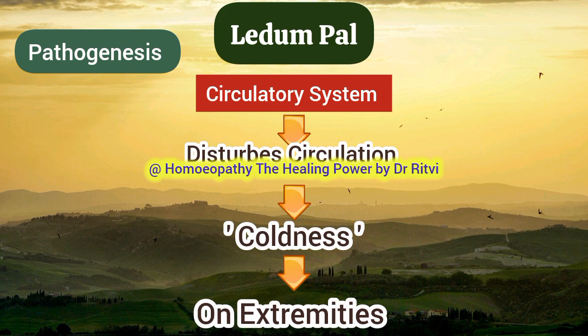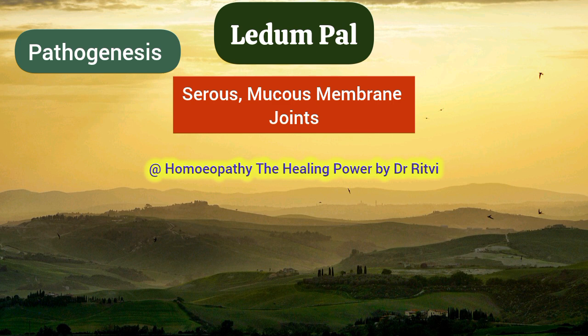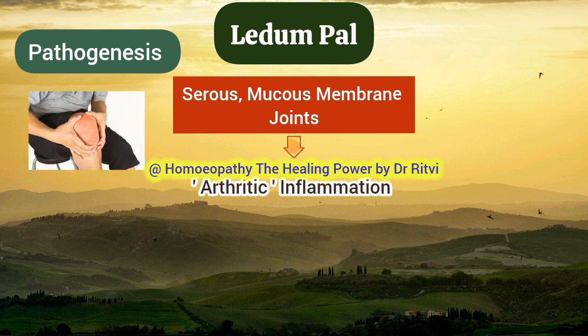By acting on serous, fibrous and mucous tissues and especially on the joints, Ledum pal produces symptoms of inflammation. In these joints, and in the serous, fibrous and mucous membranes, we will see inflammation, and this inflammation is similar to arthritic inflammation.